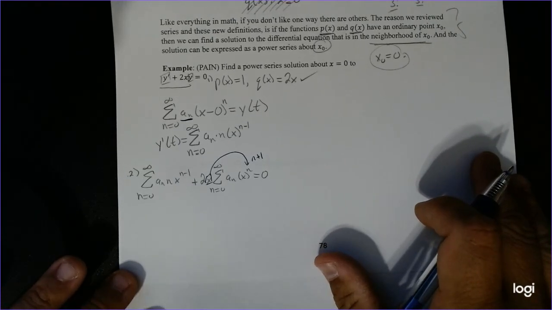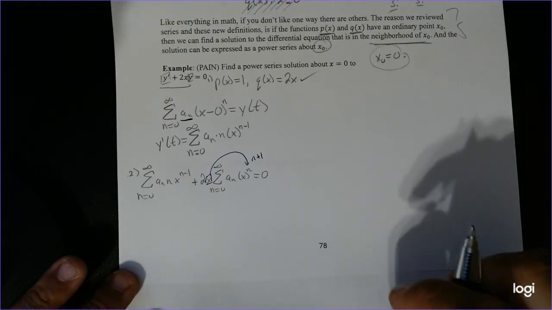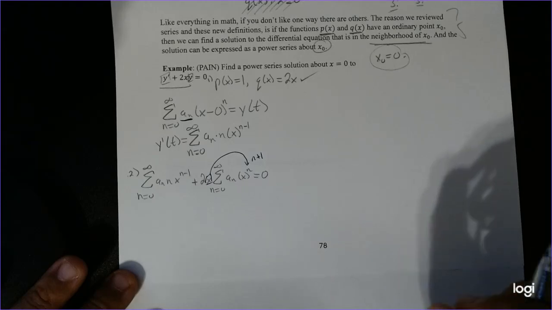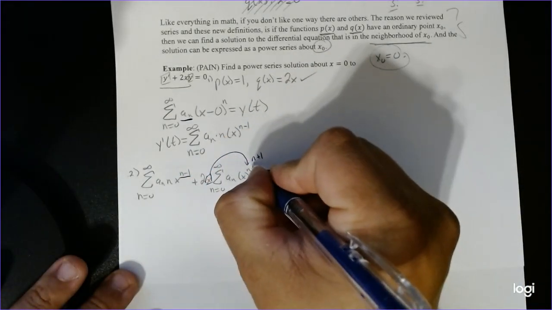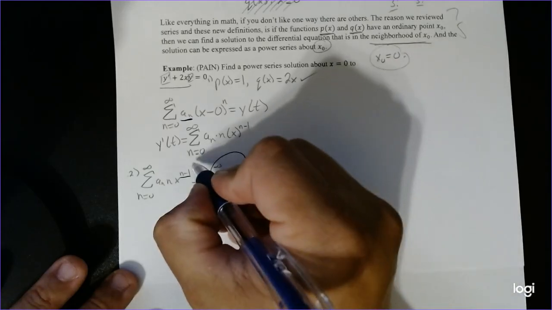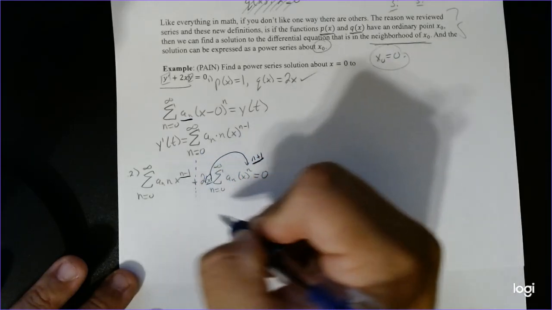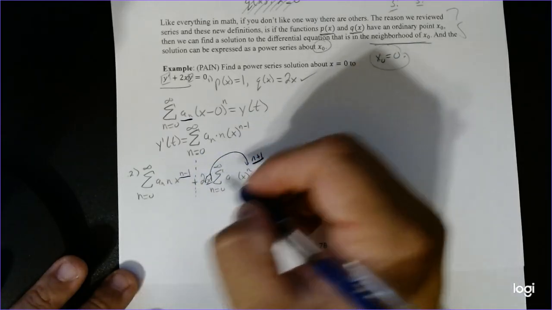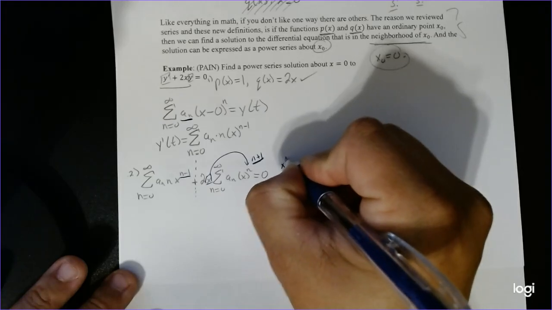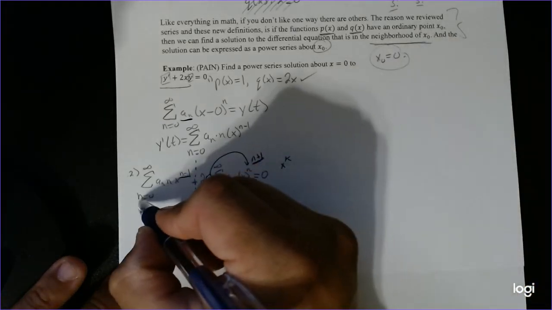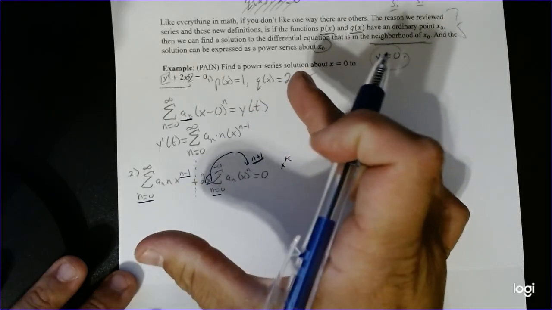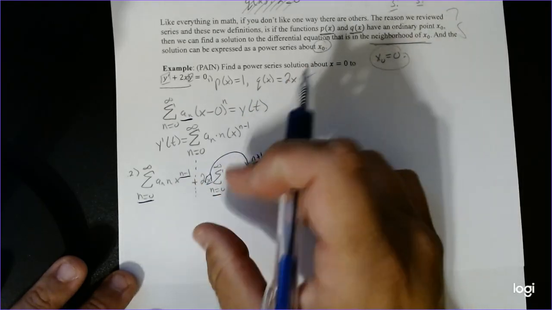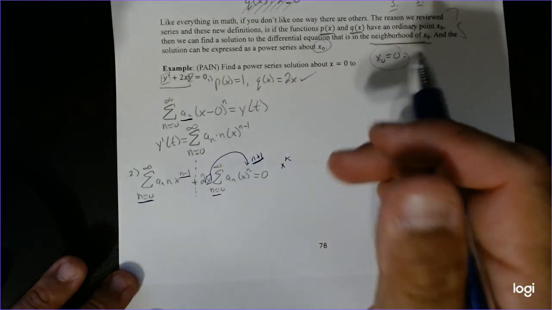Now, this is step 3, I guess, if you want to call it. We want to have all the same indices. Okay, so here I have n minus 1, and here I now have n plus 1. So what I'm going to do is change the indices of each individual sum and just have it as x to the k power. I don't care about the starting points, but I want to have the same indices because I want to put them together somehow into one single sum.